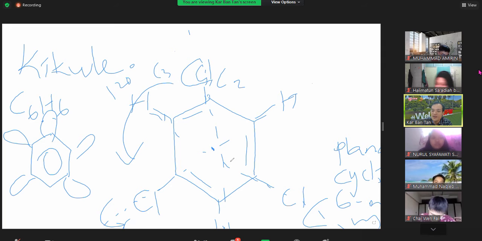Next, inversion center. Does it have an inversion center? If you think you have an inversion center, this one, want to go this way or go this way, you will not know. So impossible. No inversion center. Next, any C2 perpendicular? Yes, we do observe just now. This one is perpendicular to the screen. In fact, it is something like this, isn't it? So this is a C3, this is a C2. They are perpendicular.